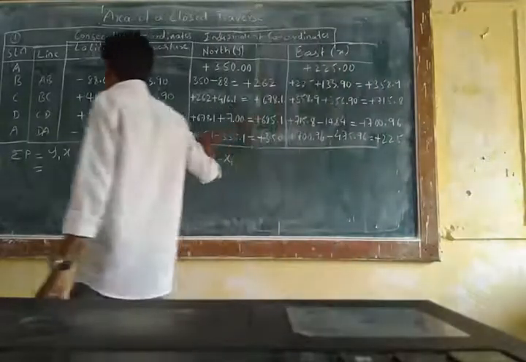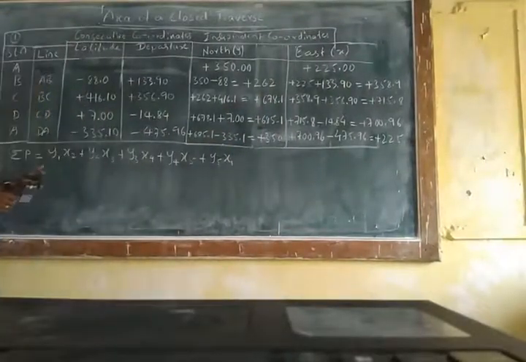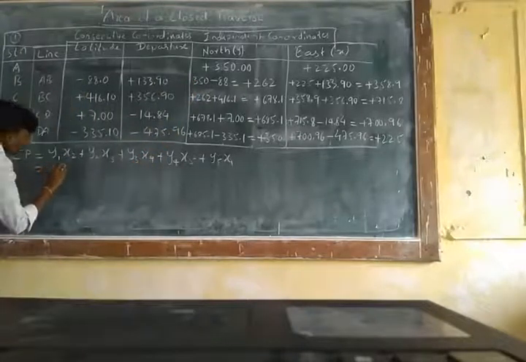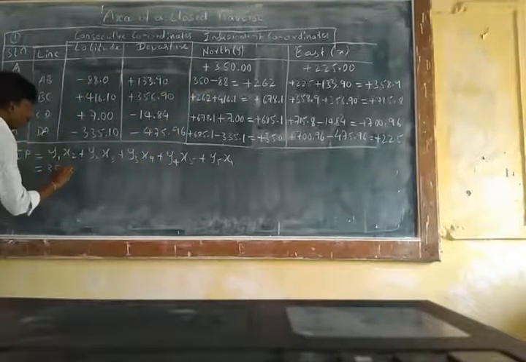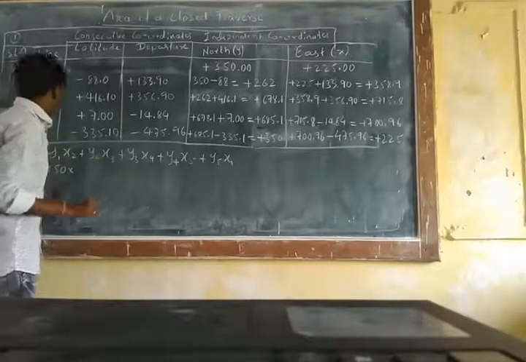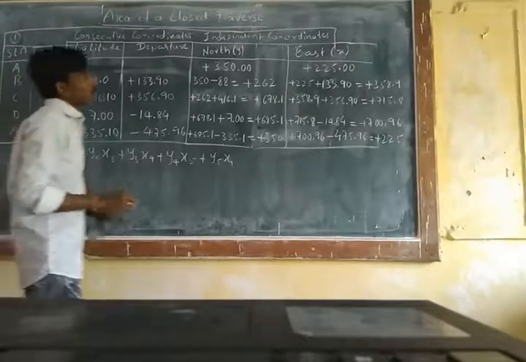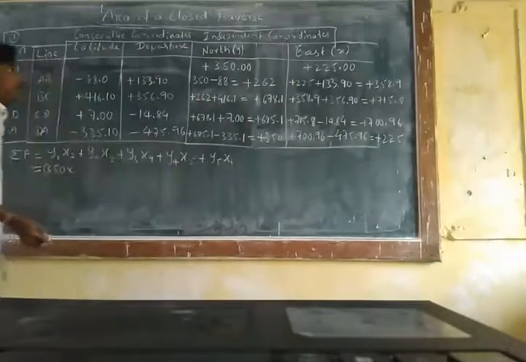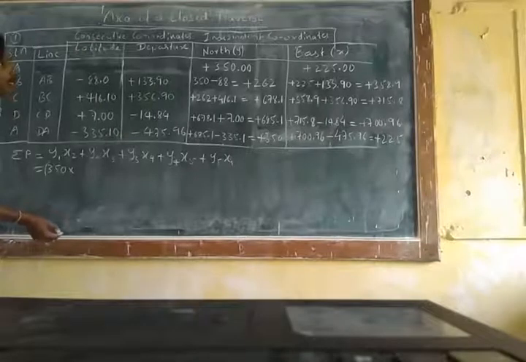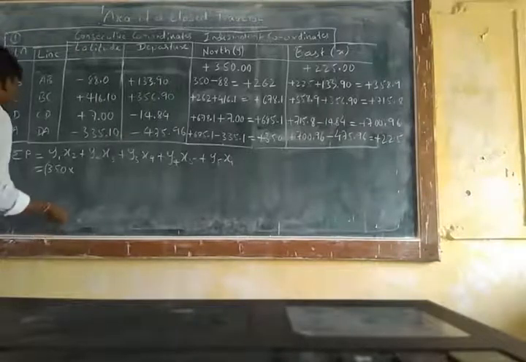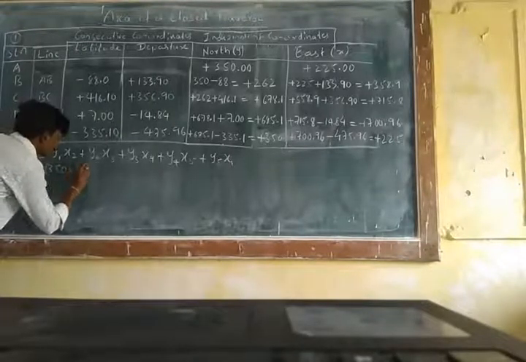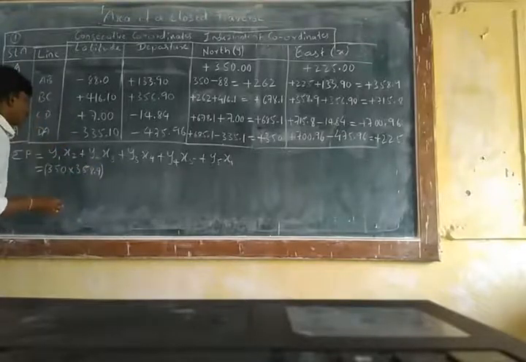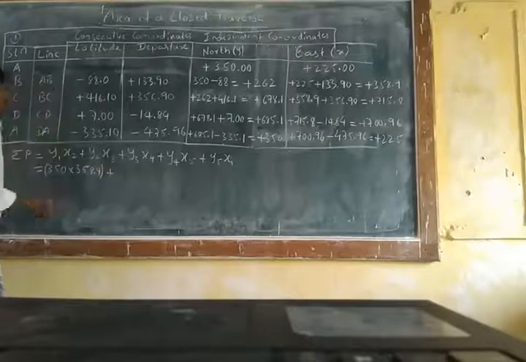So keeping that in mind, y1 means 350, right? 350 multiplied by x2. So x2 is plus 358.9. All are positive values, so just neglect the plus sign. Just consider the numbers 358.9 in the bracket, and plus again y2.